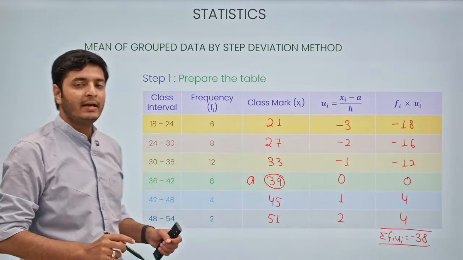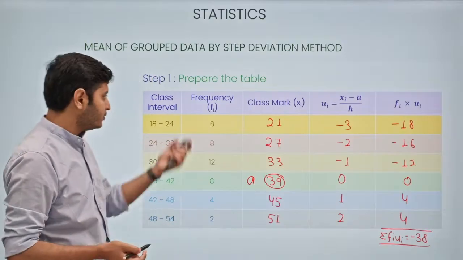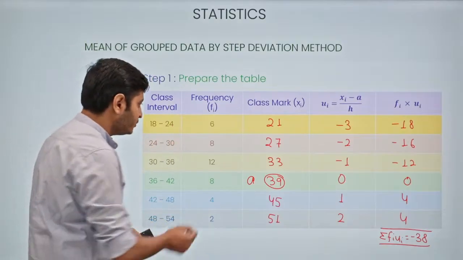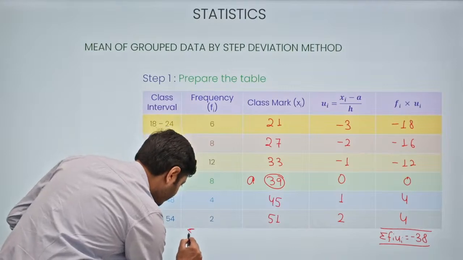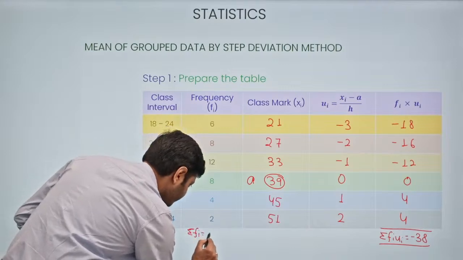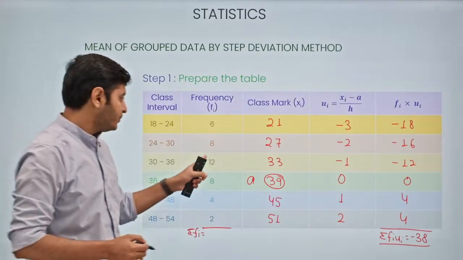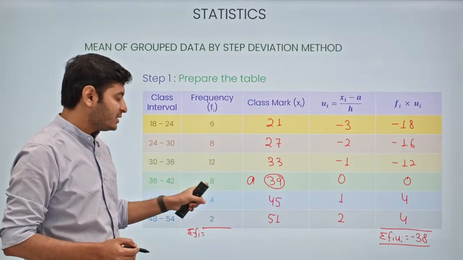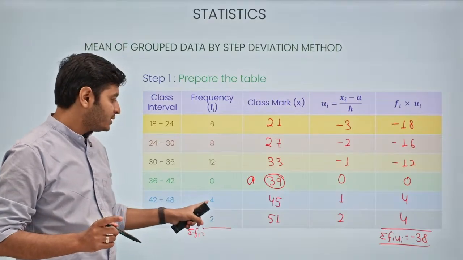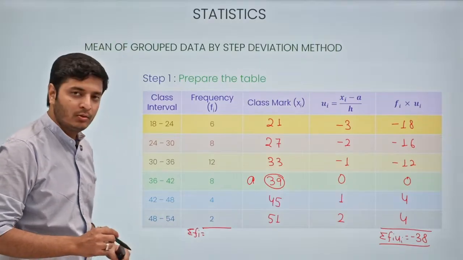Now we need to find the value of summation Fi also, because we must be needing this, according to the formula. So what is summation Fi? 6 plus 8, 14, plus 12, 26, plus 8, 34, plus 4, 38, plus 2, 40.